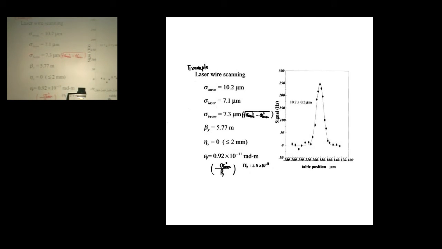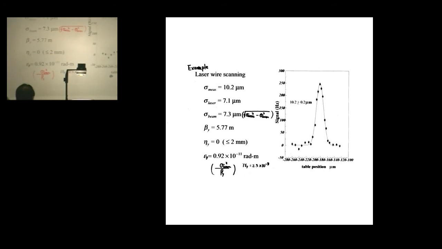Then from the optics of the electron beam, we can calculate the vertical emittance. In this case, the normalized emittance was 2.3, where our target is 3 times 10 to the minus 8. So it's lower than our target in this case.